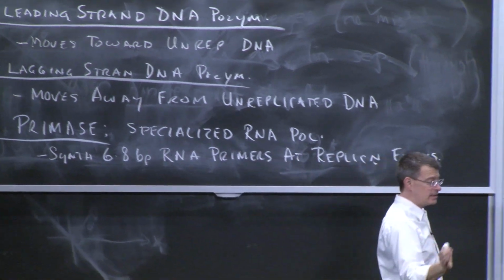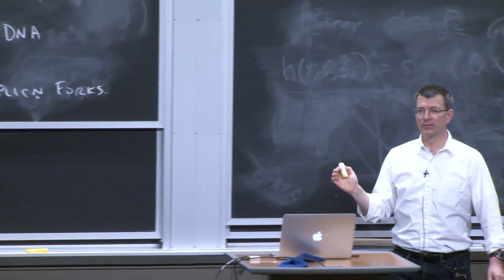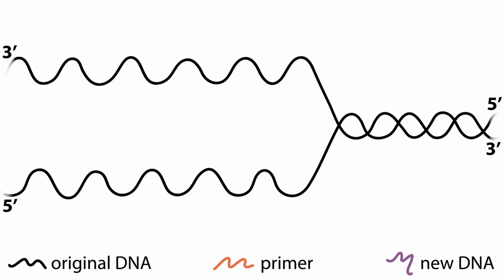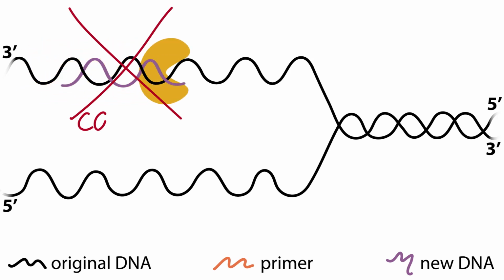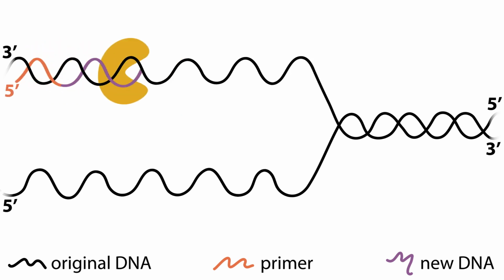So the reason you need primase is the following. DNA polymerase cannot start a new DNA strand from 2 nucleotides. Okay? It must have a primer.